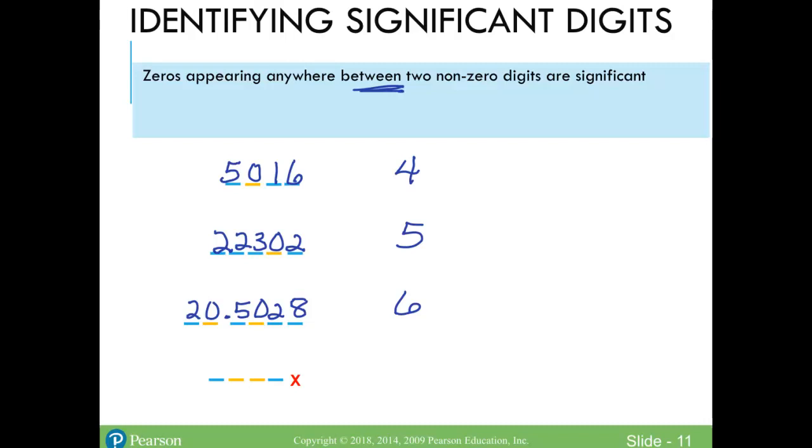If we had something like 5, 0, 0, 4, 0, then we've got a situation, these 2 zeros here that are in between those non-zero digits, those are significant, but this last one here, the 0, it trails, so that's not significant. So this number, 50,040, has 4 significant digits.